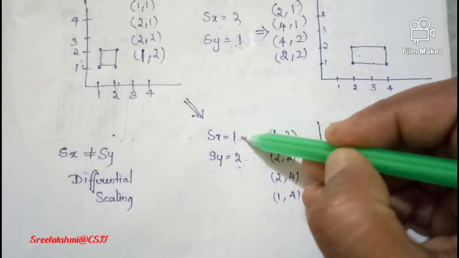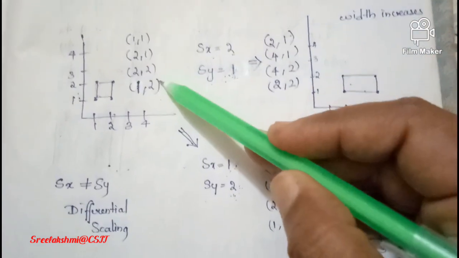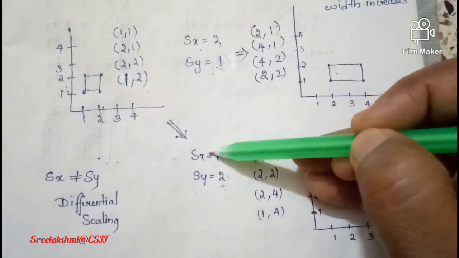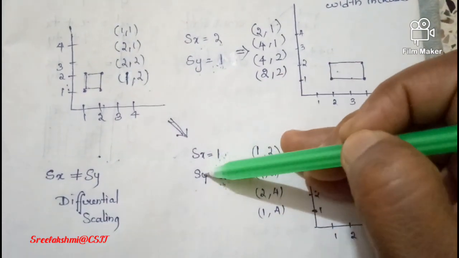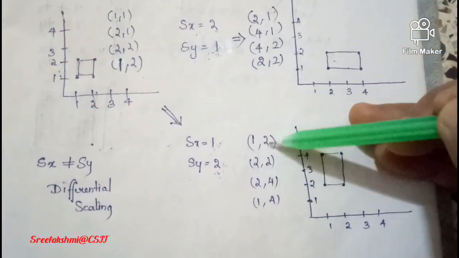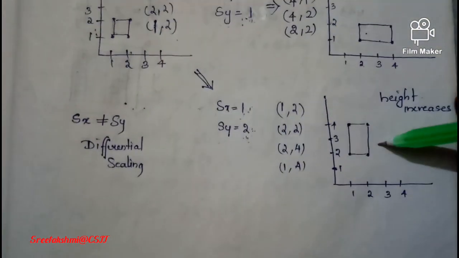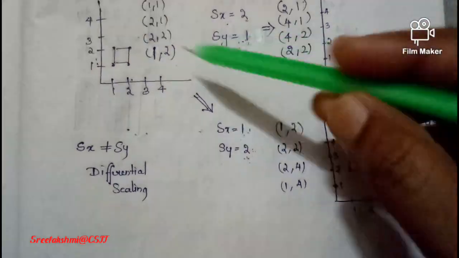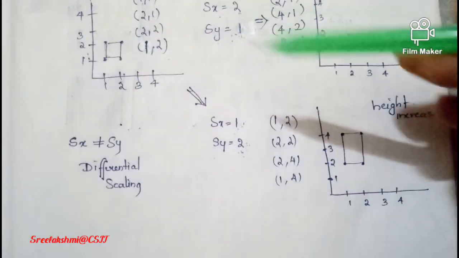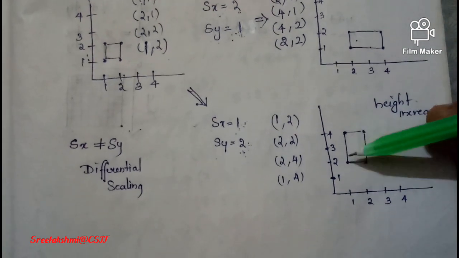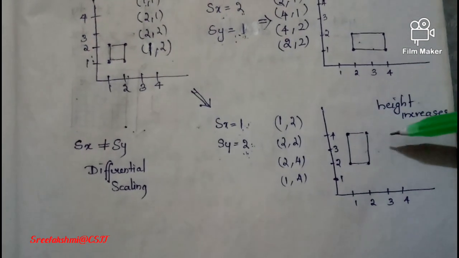So using the new values of Sx and Sy, from the initial points, multiplying every x with Sx and every y with Sy, obtain the corresponding scaled points and then plot them on the graph. Now you can observe that it was a square initially, and after scaling the object's height increased, but there is no change in the width.